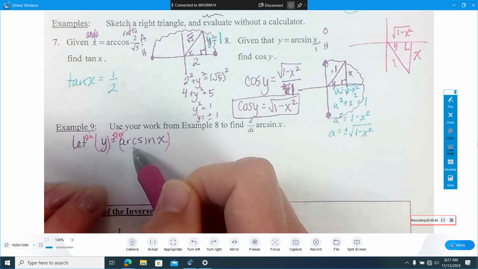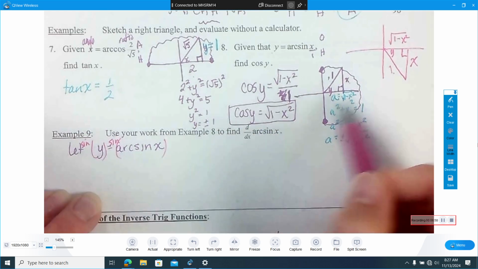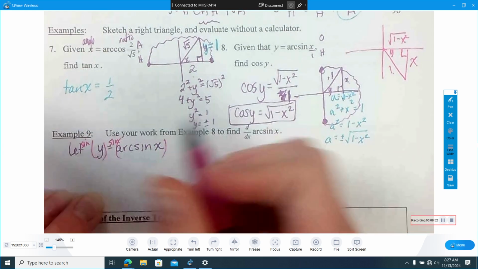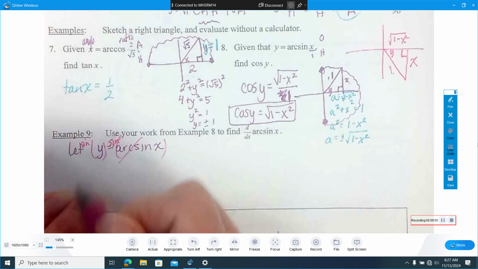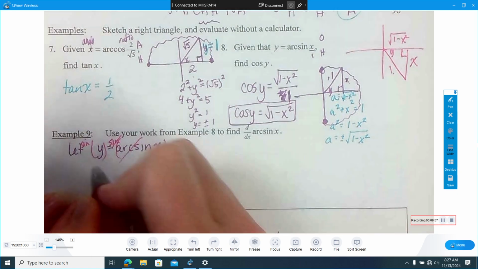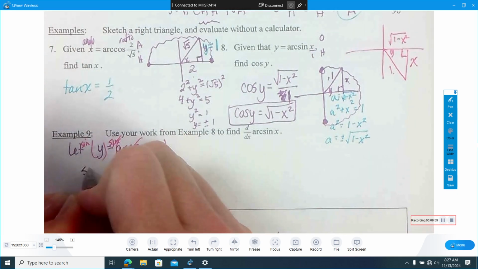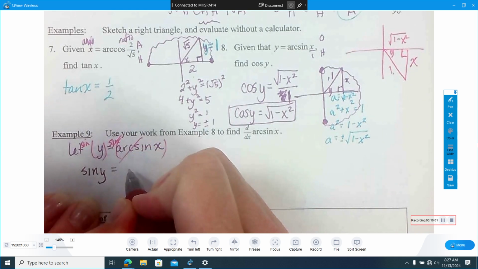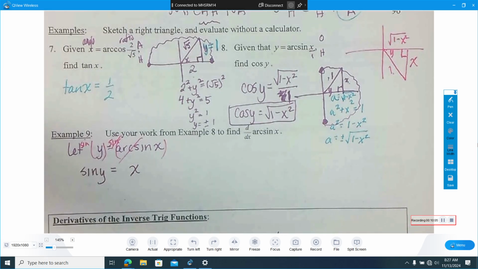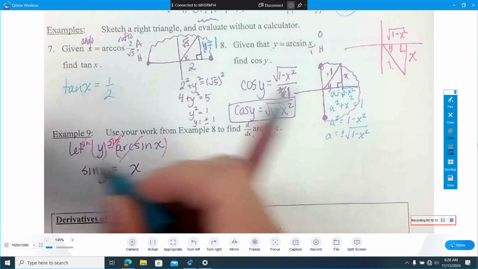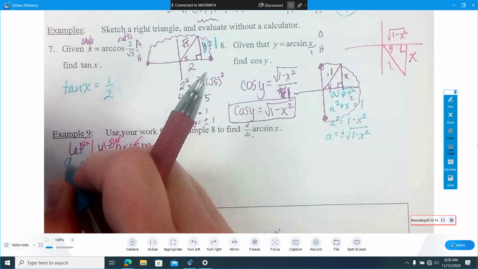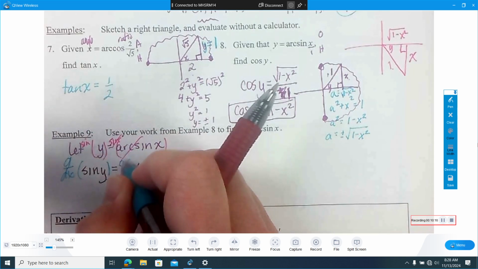Since we're here in lovely quadrant 1, the sine of an arc sine just cancels out. And so I get sine of y equals x. And then I can go ahead and take a derivative according to x, so d dx of both sides.